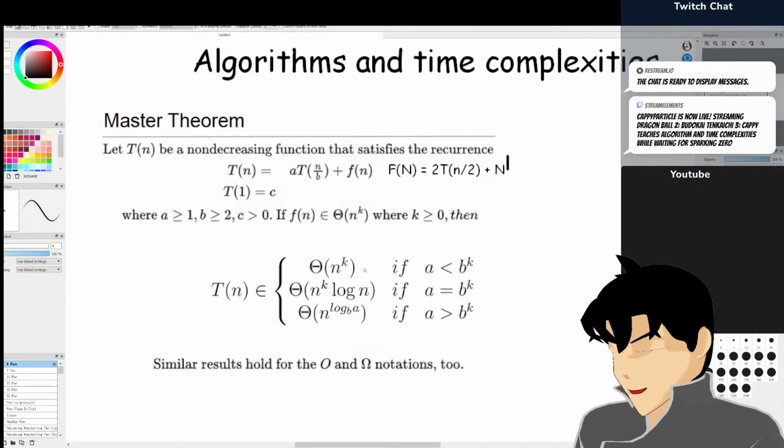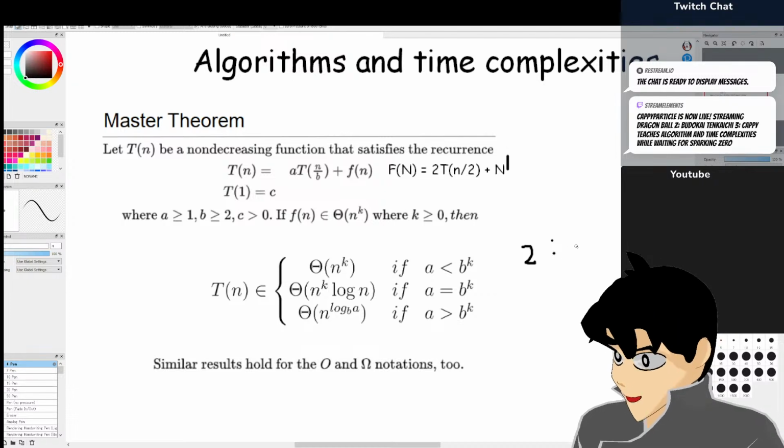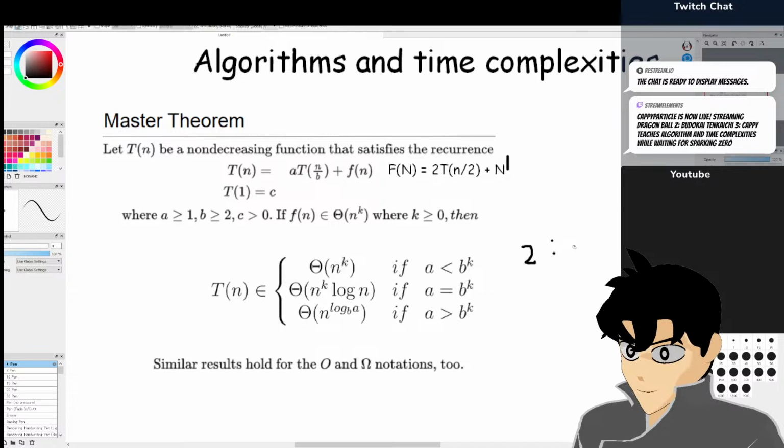So you plug that in, and you check. Oh, what was it? A, so in this case, 2. What does A compare to? B is 2 to the power of k, which is 2 of 1.